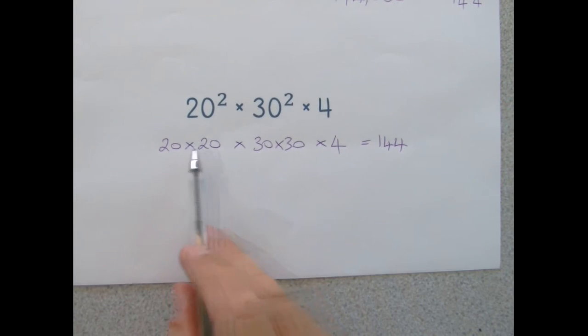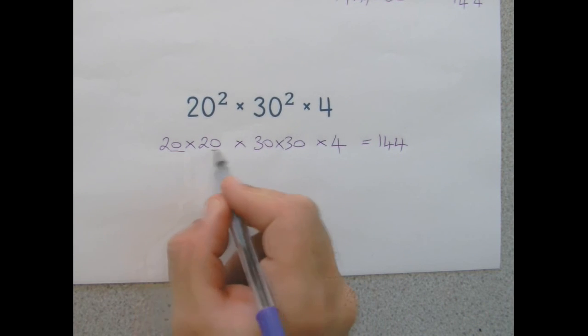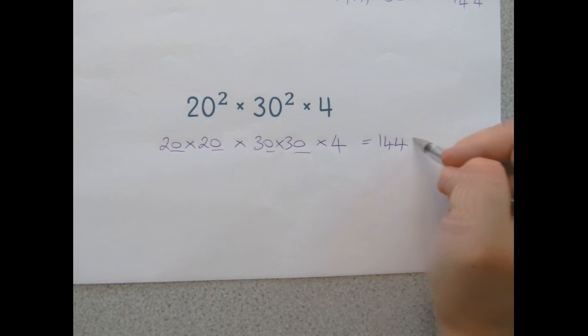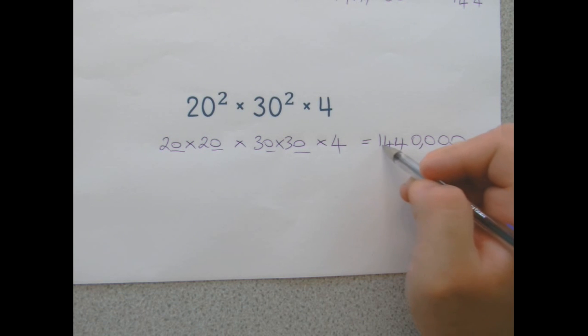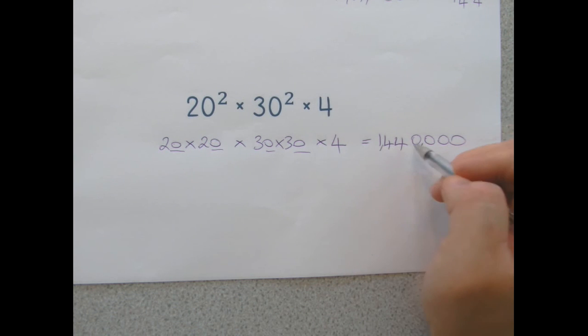And then, how many zeros have we got? 1, 2, 3, 4. So we could see that comma is going to be placed here. So we've got 1,440,000 exactly.